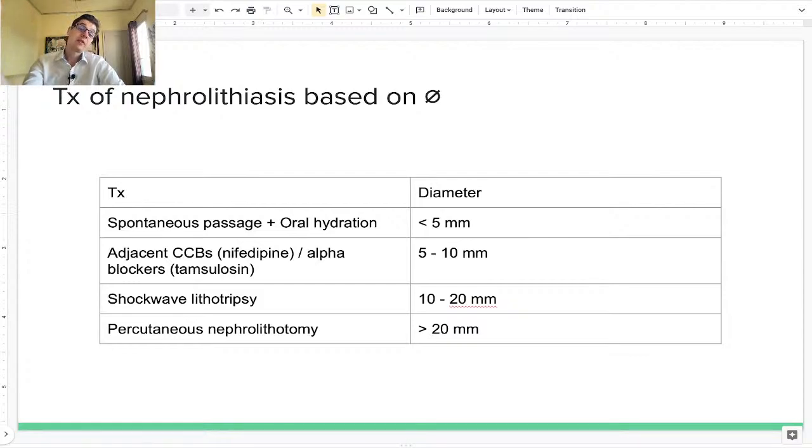If the diameter is between 10 and 20 mm, then we consider shockwave lithotripsy. Lastly, when the diameter exceeds 20 mm, we pursue a percutaneous nephrolithotomy. Are there any questions on this subject?